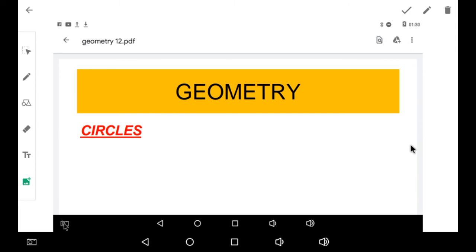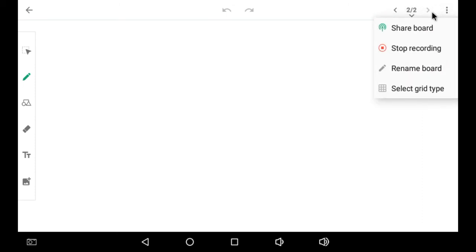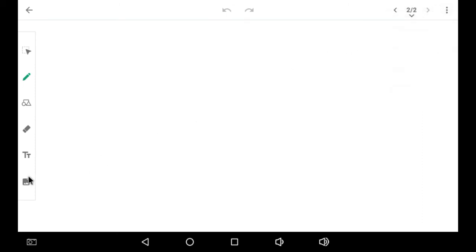We are looking at the angle properties of a circle. So let's go ahead.